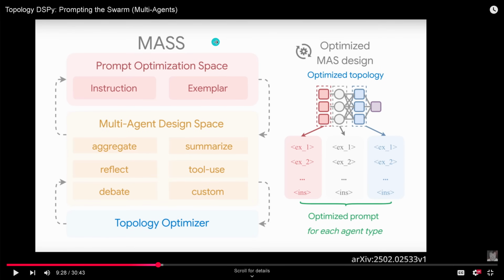We found out, details in the video, that the prompt optimization was essential as a first step. Then the second step was a multi-agent design, a topology optimizer of all the different specialized agents that we developed. And then the third step was, with an optimized topology configuration, again a prompt optimization.